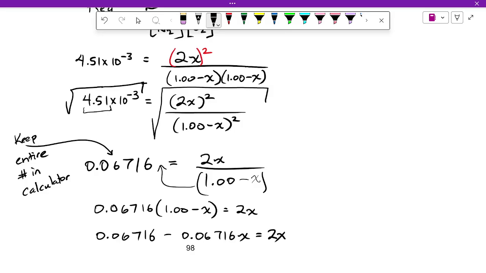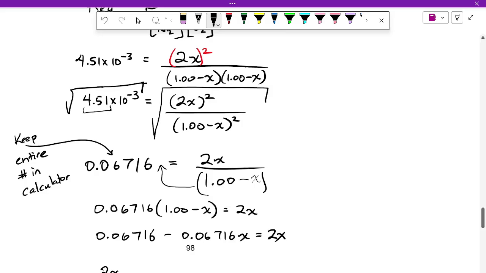So that's going to be 2.06716x. Tell me if you don't know where I got this number from. Do we know where I got that number from? Okay, so what I did is I moved the 2x over to the left.